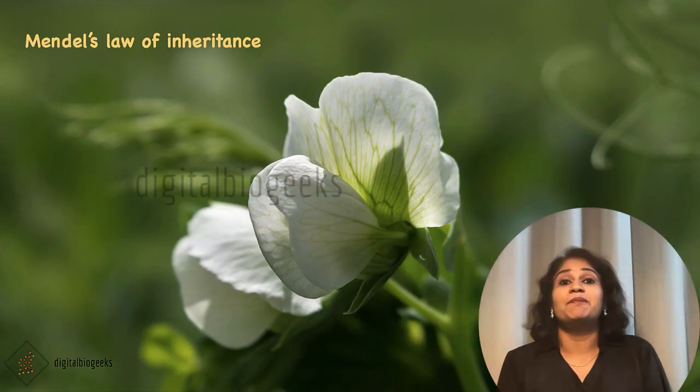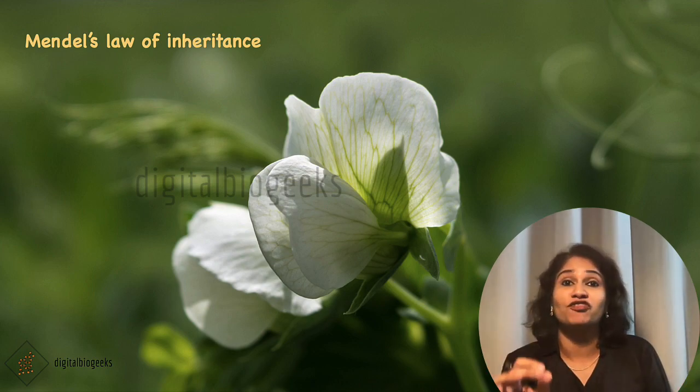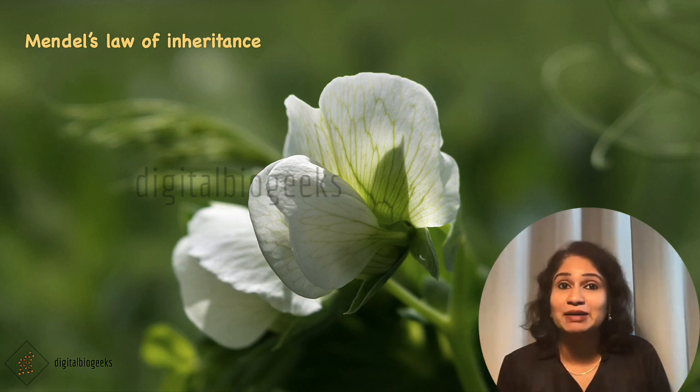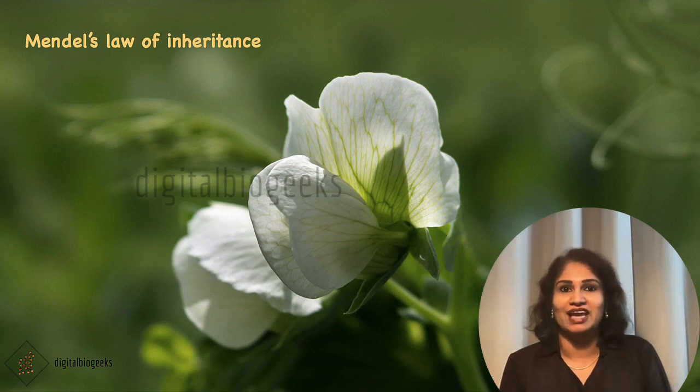It was in the mid 19th century that humans gained some understanding of the basis of inheritance. For that, we should be thankful to Sir Gregor Mendel, who conducted hybridization experiments and proposed the laws of inheritance in living organisms.